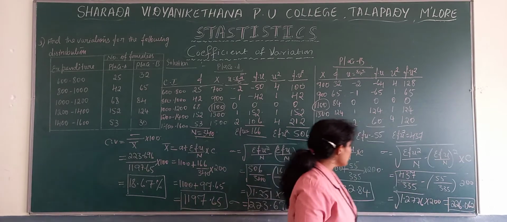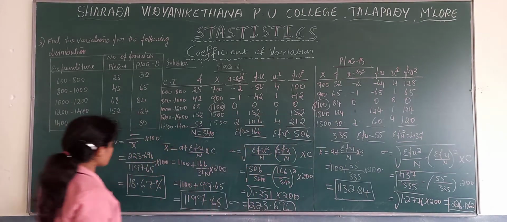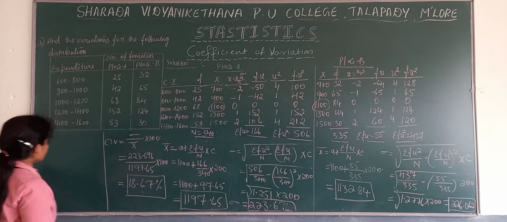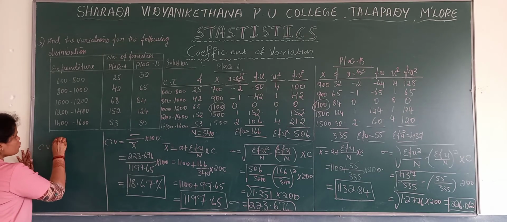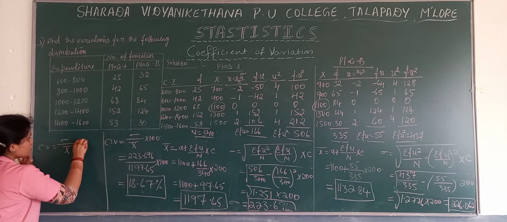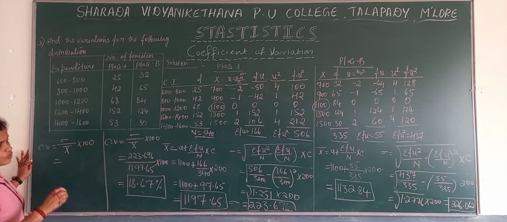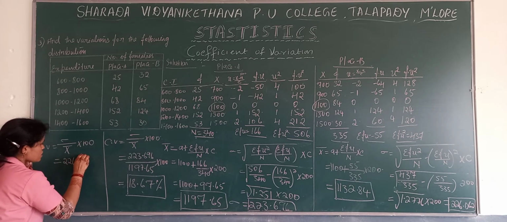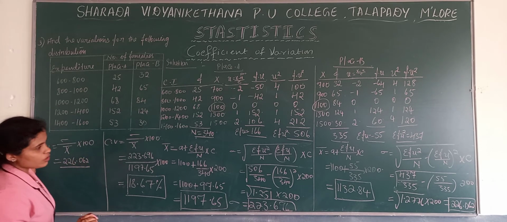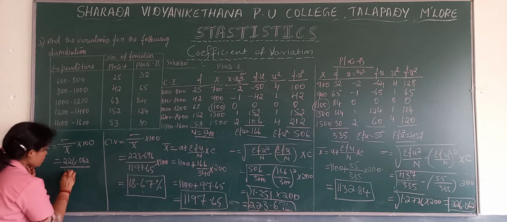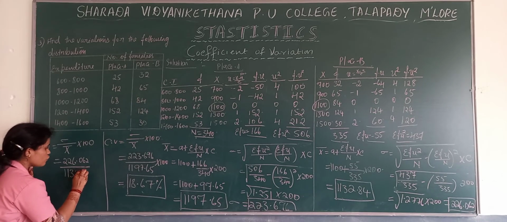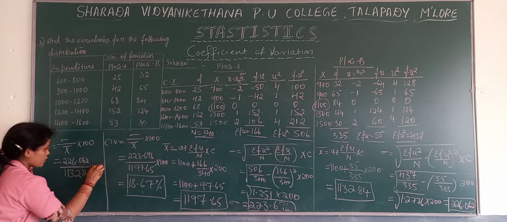Now we need to find out the coefficient of variation of place B. So CV is equal to standard deviation by mean into 100. So we got standard deviation as 226.062 divided by mean as 1132.84 into 100.